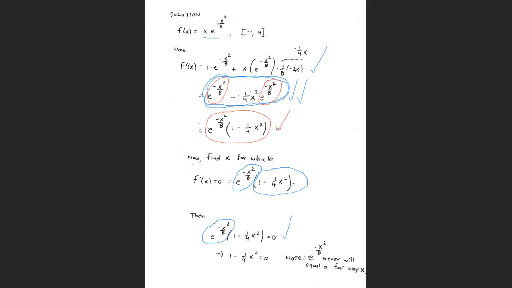So that means then that the values of x where the first derivative equals 0 have to come from the second factor, 1 minus a fourth x squared. Okay, so if the product of these two functions equals 0, this implies then that 1 minus a fourth x squared would equal 0. Because the other factor, e to negative x squared over 8, will never equal 0 for any value of x.